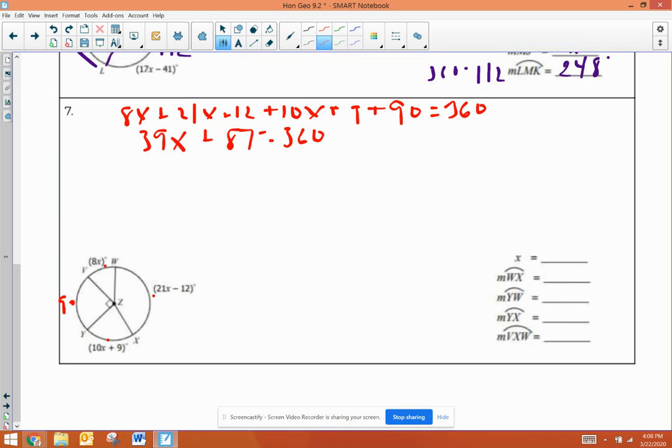Equals 360. Now I'm just going to solve for x. So from that, we should get x equals 7. So let's just substitute that into all of these. So that'll be 79. I know what 8 times 7 is, right?